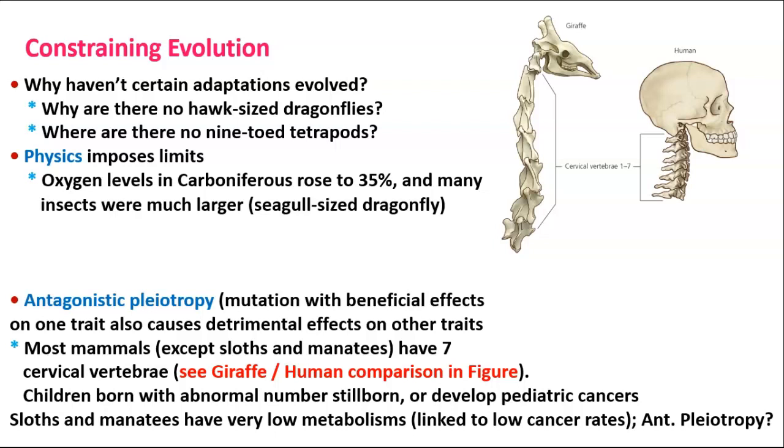So antagonistic pleiotropy may be the hypothesis to go for in some cases for why there is constraining evolution, why certain adaptations just don't exist.